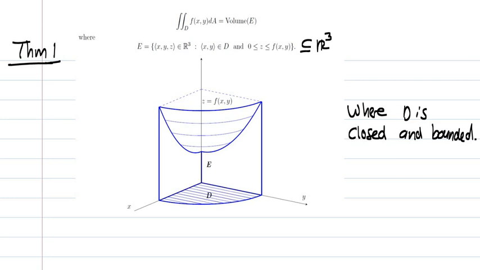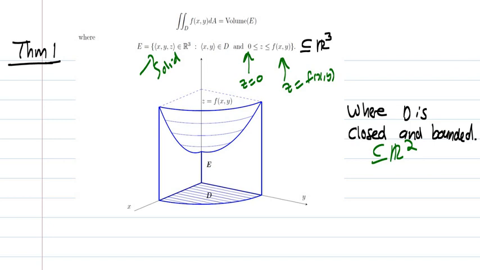So if D is a closed and bounded subset of R2, and we have a function f that is non-negative, and we define solid E to be all the 3D vectors (x, y, z), where (x, y) is an element of D, so that's a 2D vector, and z lies between the surface z equal to 0 and z equal to f(x, y), where f is a non-negative function, then we end up creating a solid.